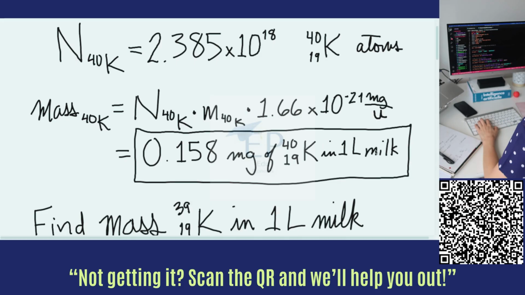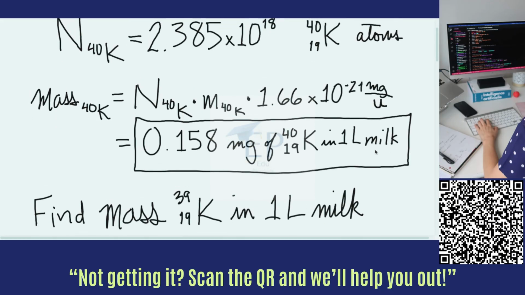The second part of the question asks us to find how much potassium-39 is in the milk as well, given that we know how much potassium-40 is in the milk.